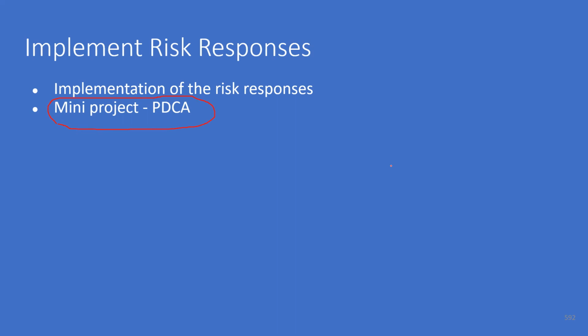Then you have to check for the effectiveness of those actions. And if it is not effective, you have to take action. So all risk implementation activities within projects must be considered as mini projects within the main project.